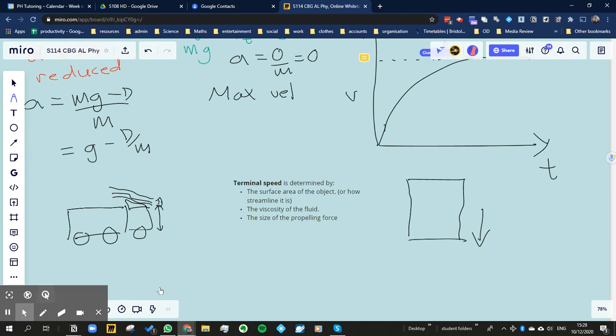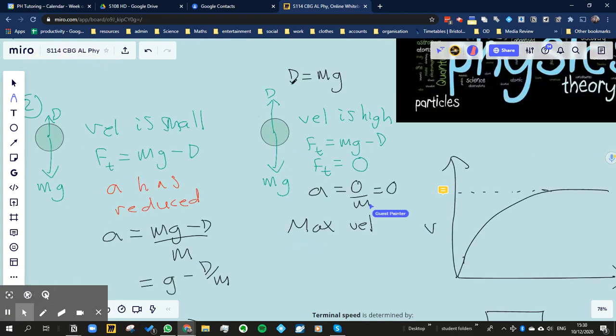Right. So remember that. Acceleration just means whether it's speeding up or slowing down, right? If it's not accelerating, it's not speeding up, it's not slowing down. That doesn't mean it's stopping. In fact, if it was stopping, it would have to have acceleration, or we would call it deceleration. So it's not going to slow down.